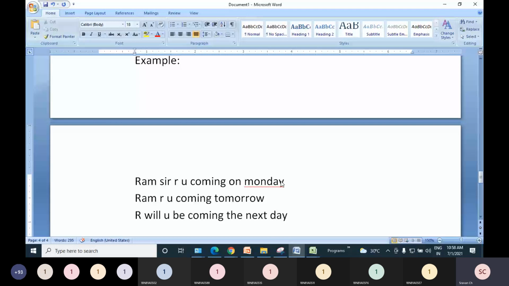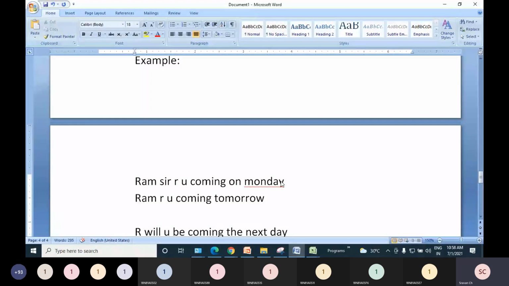If there is a word coming followed by tomorrow, maybe two or three times, "Ram, are you coming tomorrow?" and "Ram, I'll be coming tomorrow," in two examples, after coming, the word tomorrow came. It doesn't mean that every time you see the word coming, there should be the word tomorrow. There is no such guarantee.